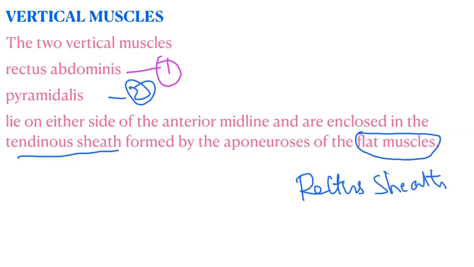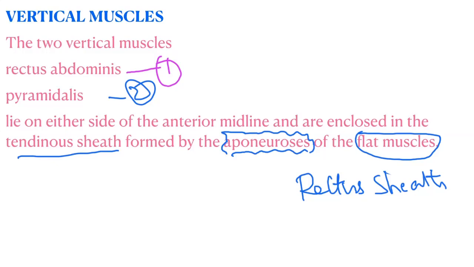Okay, this aponeurosis. Tendons which are like sheets are called aponeurosis. These three flat muscles, that is external oblique, internal oblique and transverse abdominis, all have aponeuroses, right?